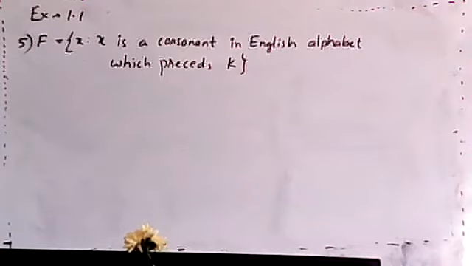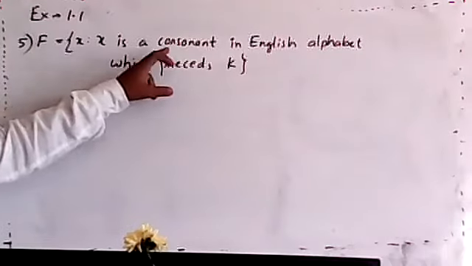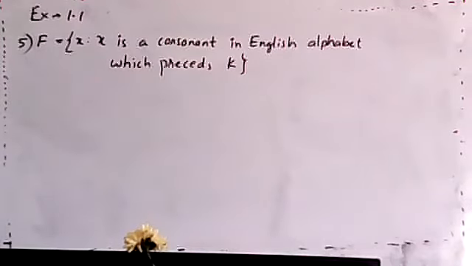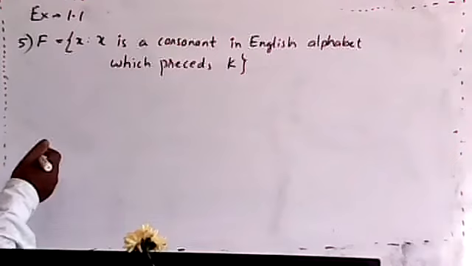Good. Already many have answered. Very nice. Yes. Here they're asking you have to search such consonants which are coming before K. A, E, I, O, U are what? Vowels.